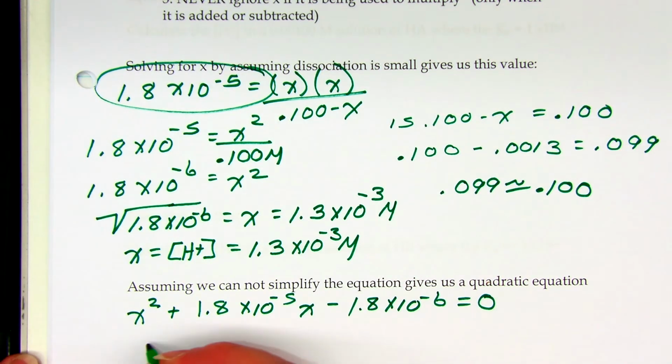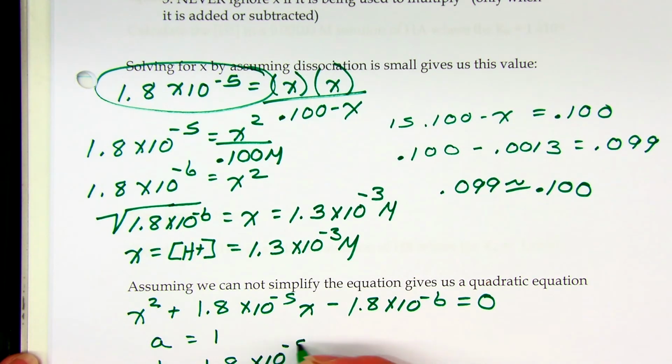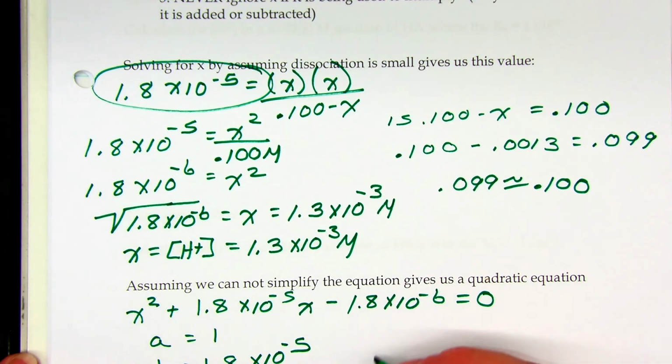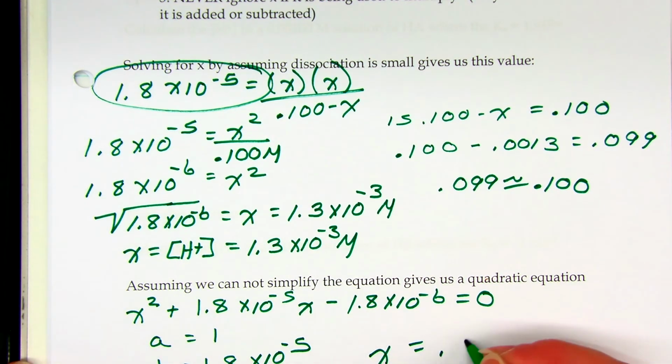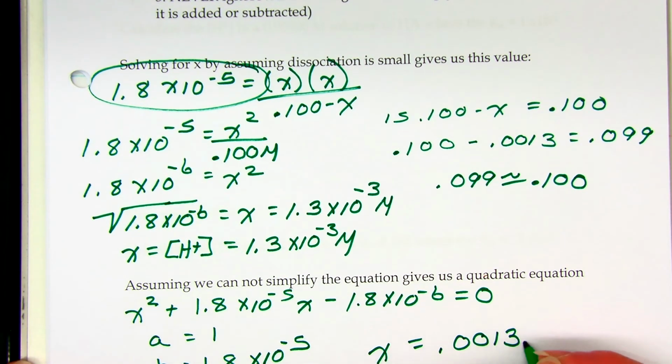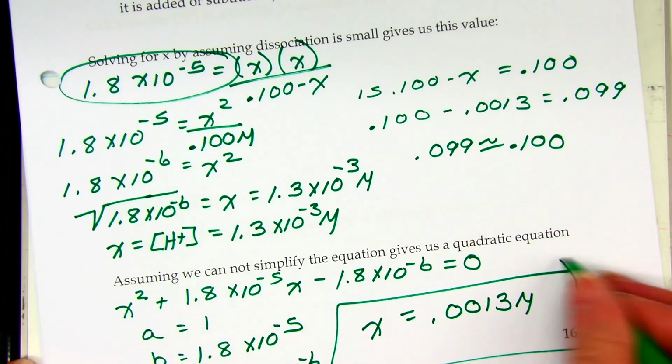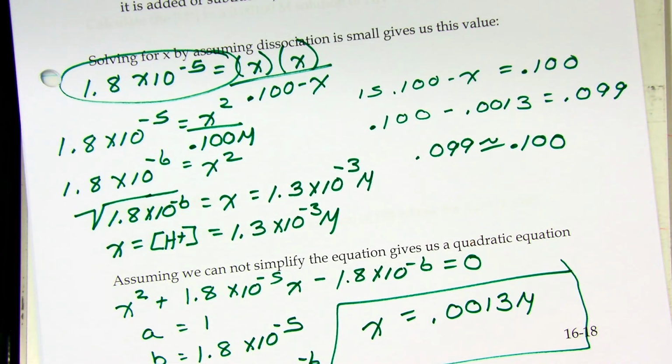And then you identify your A, B, and C. A is 1, B is 1.8 times 10 to the negative fifth, and C is negative 1.8 times 10 to the negative sixth. And when you solve, X is equal to 0.0013 molar with sig figs, which is exactly the same answer we got not using the quadratic.